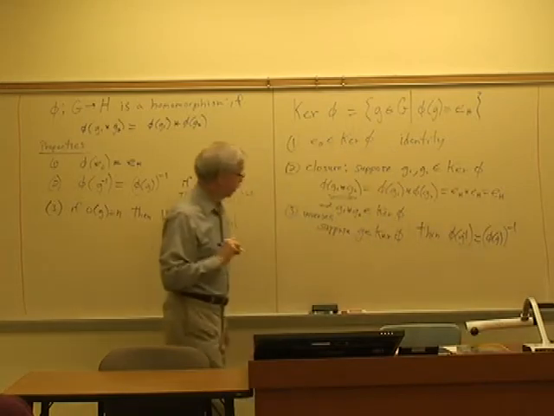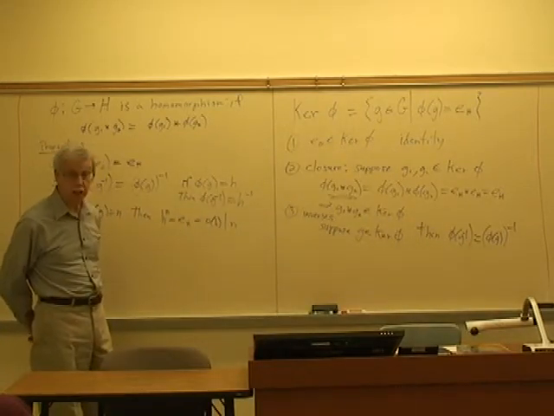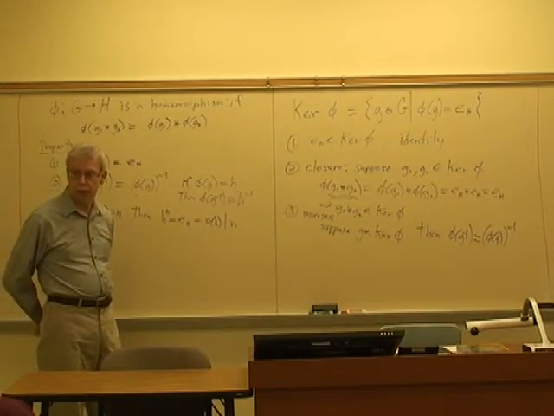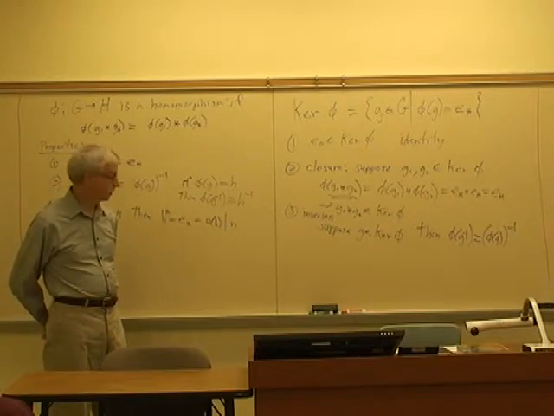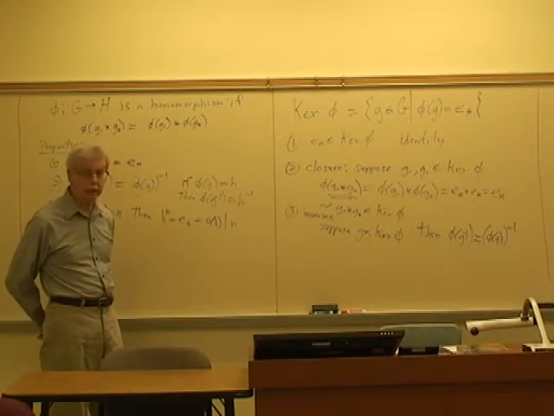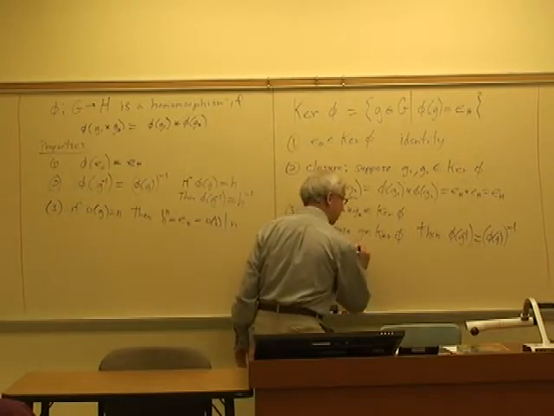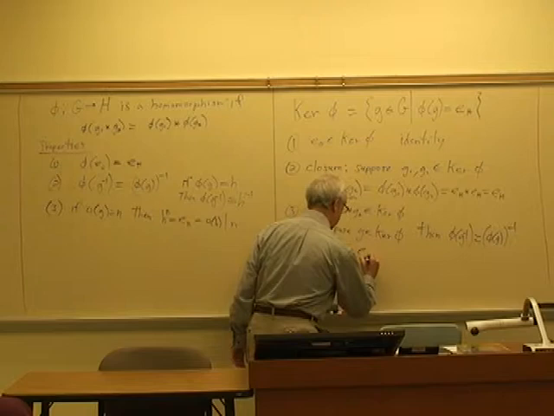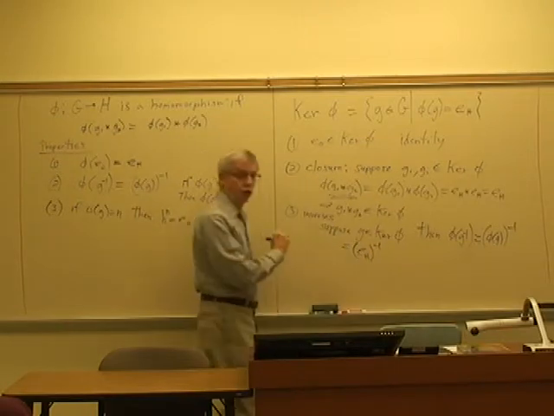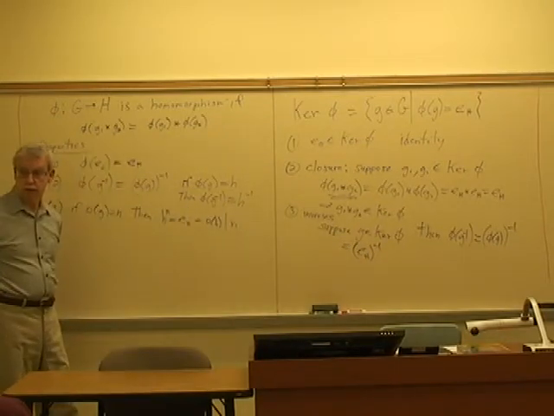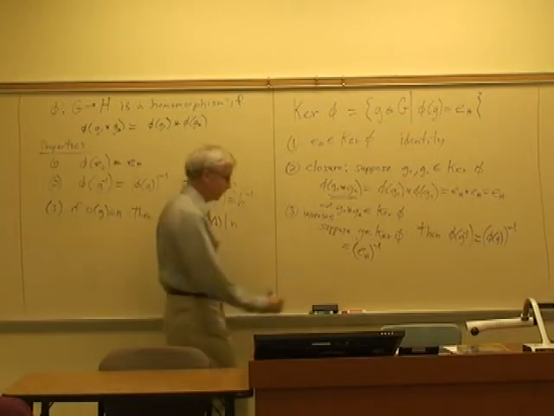But G's in the kernel, so what's phi of G? The identity. So this thing is equal to the inverse of the identity in H. What's the inverse of the identity? The identity.